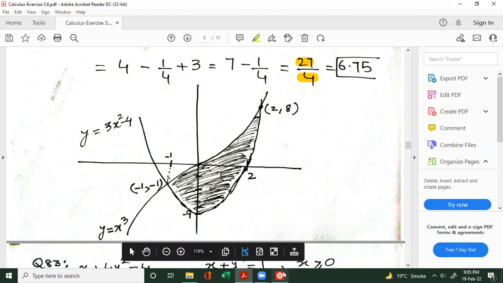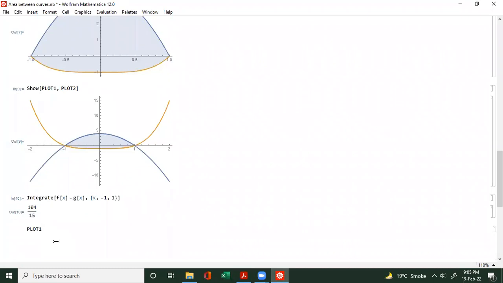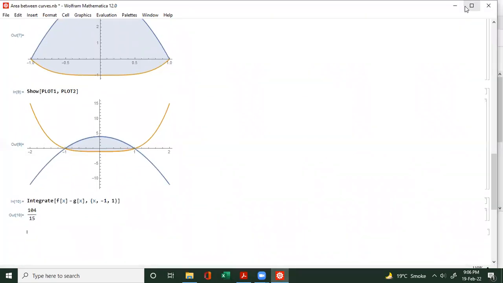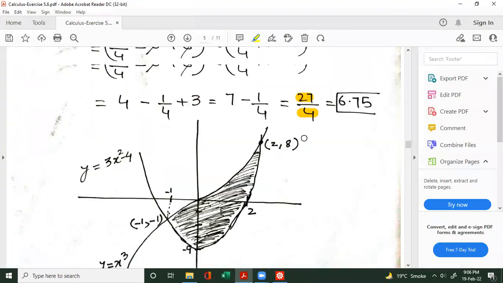So let's try to solve it with the help of Mathematica. If I wish to solve it with Mathematica, first I need to rewrite my function.